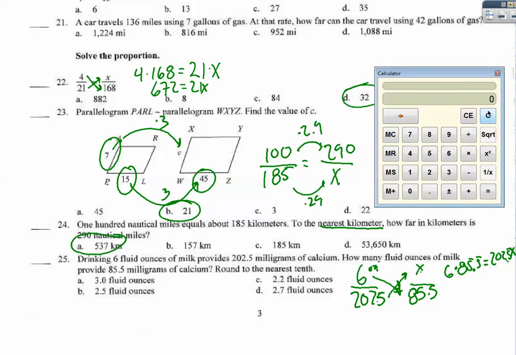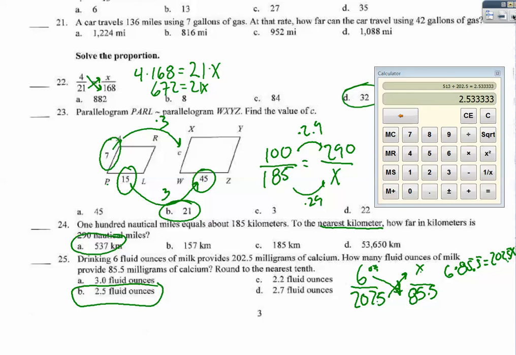I have 85.5 times 6 divided by 202.5, and so we get 2.53 fluid ounces. 0.3 is less than 0.5, or 3 is less than 5, so I would round down in this case.